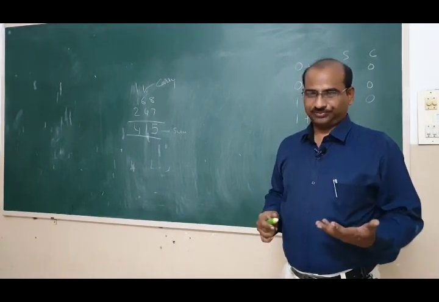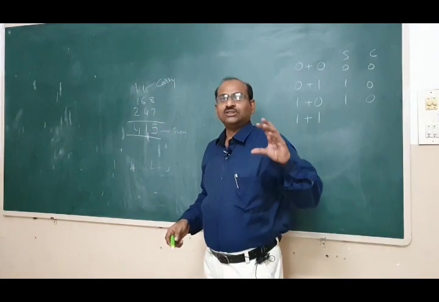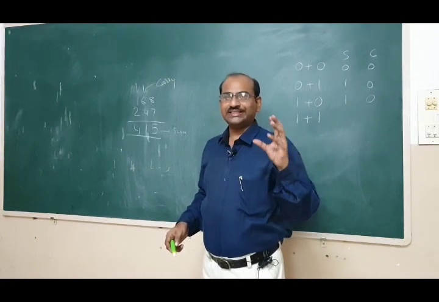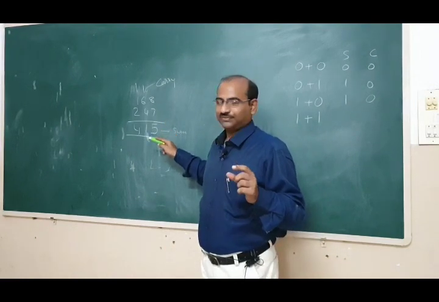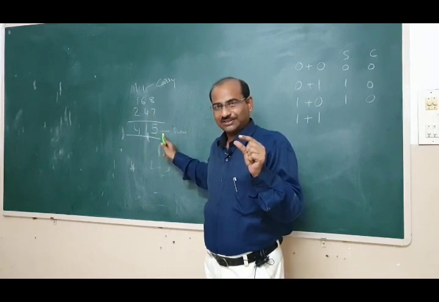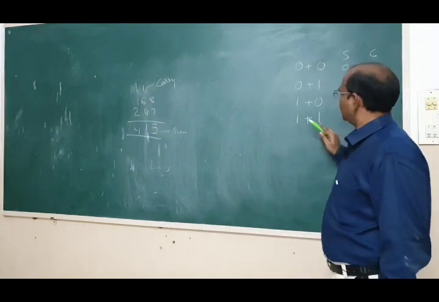What is 1 plus 1? What is 8 plus 7 here? So from digits we are entering into a 2-digit number. 8 plus 7 is 15, and the 2 digits are known as 5 as sum and 1 as carry. Similarly here also 1 plus 1.